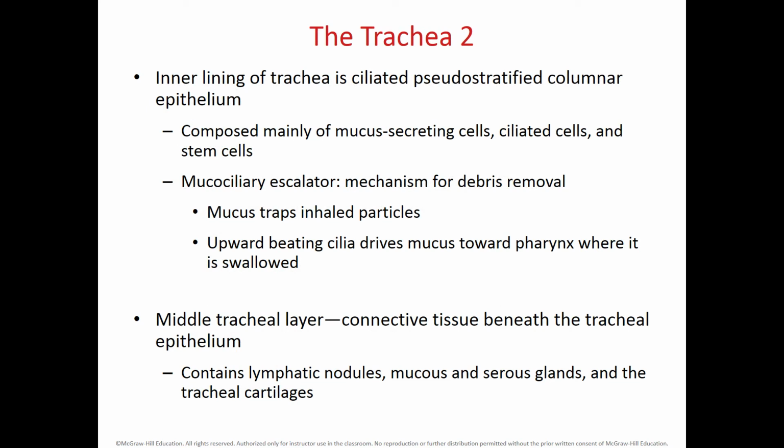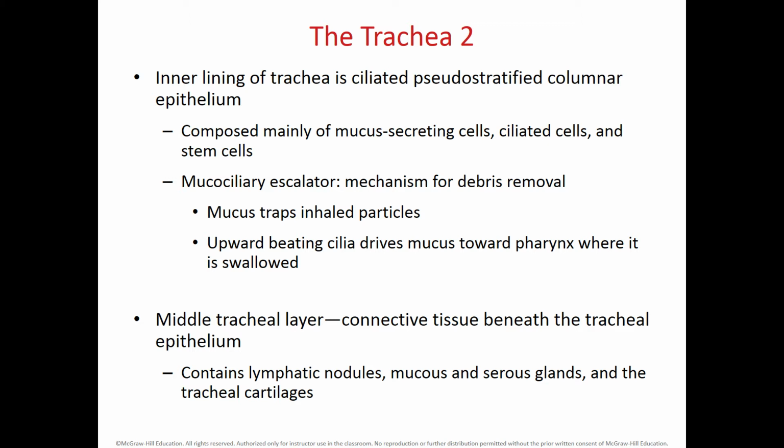The trachea inside is lined by pseudostratified columnar epithelium with cilia. And these cilia, as any other cilia in our body, have certain mobility that is in charge of this reflex that we call the mucociliary escalator reflex, which is a mechanism for removal of debris.